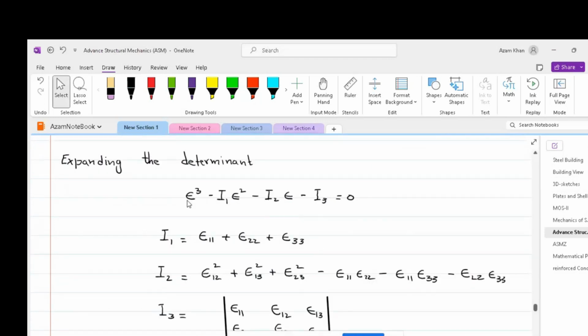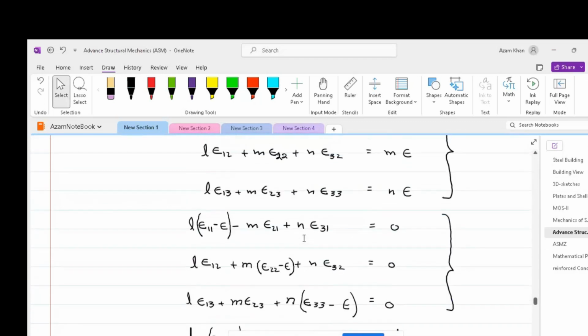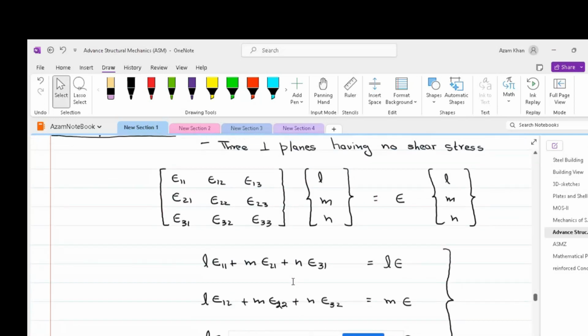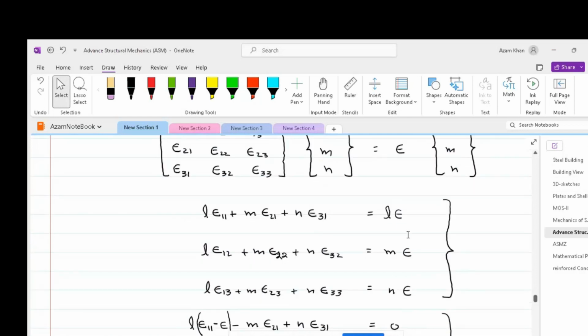Thus, after solving the characteristic equation and working out the eigenvalues, we can plug the eigenvalues back in these equations. However, we won't be able to get the required eigenvector for a particular eigenvalue.